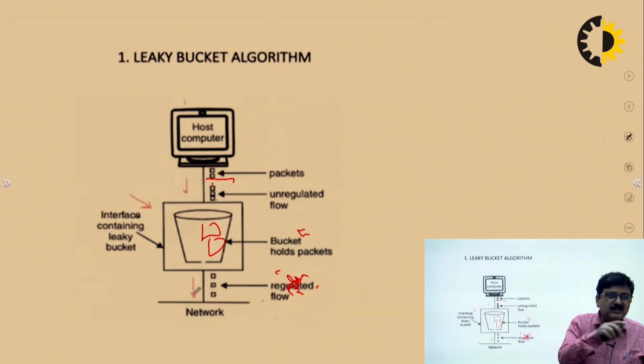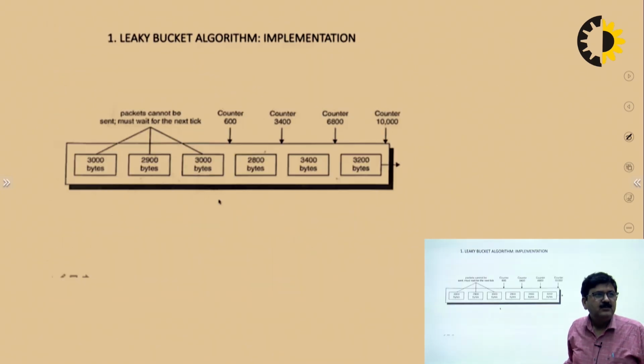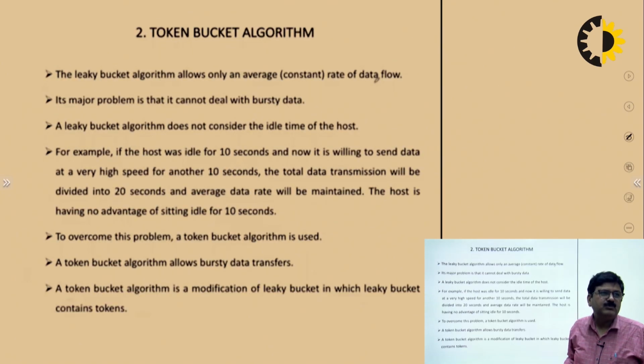So, to fix this idle gap problem, there is a solution: the token bucket. Take an example: the leaky bucket algorithm only allows an average constant rate of data flow. The major problem is that it cannot deal with bursty data.